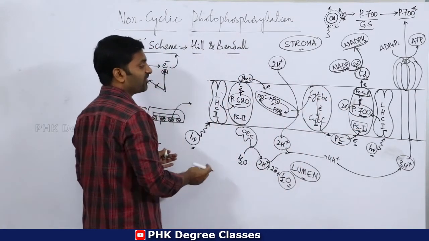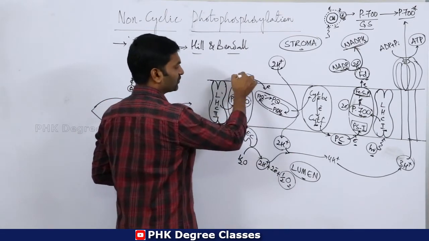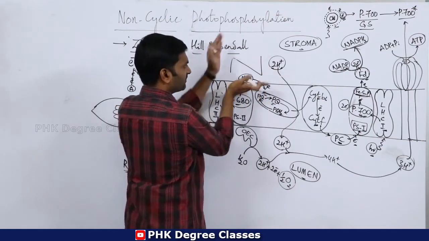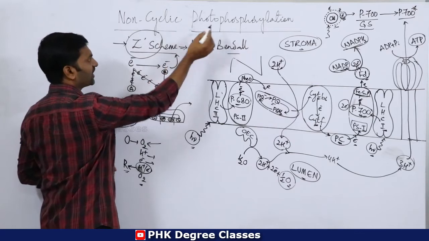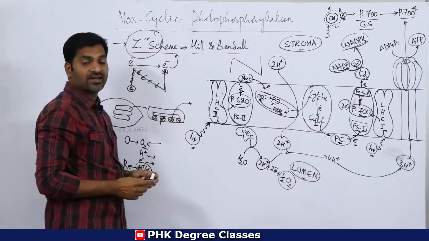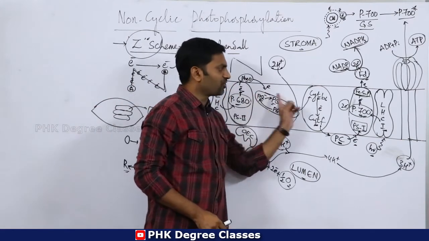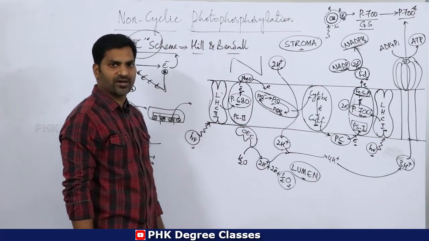When you draw the diagrammatic representation, it looks like Z. Hence Hill and Bendall called non-cyclic photophosphorylation the Z scheme. Clear? So this is about all the electron movement of non-cyclic photophosphorylation.